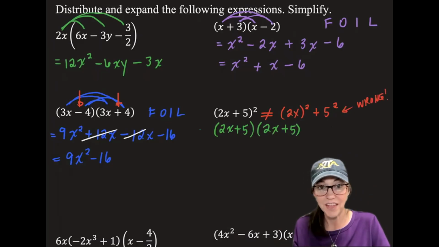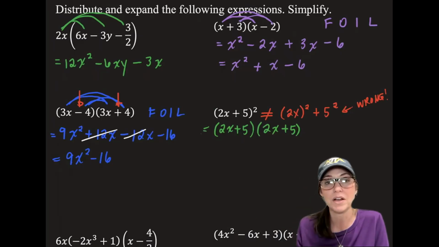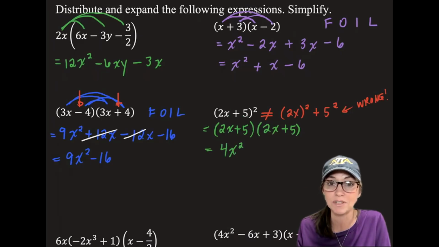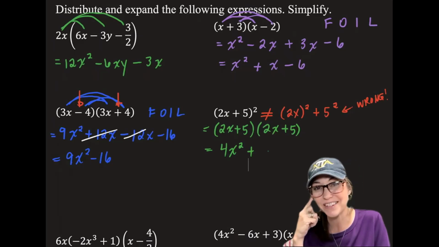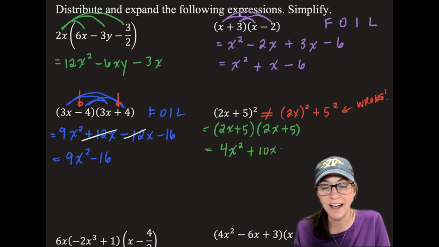All right, well, now you can see you're supposed to FOIL that. It's a binomial times a binomial. So the first 2 terms, 2x times 2x makes 4x squared. The outside terms are 2x times 5, and the inside term is also 2x times 5. You can write it twice, or if you're able, you can do that in your head. 2x times 5 is positive 10x. We're going to add that twice.